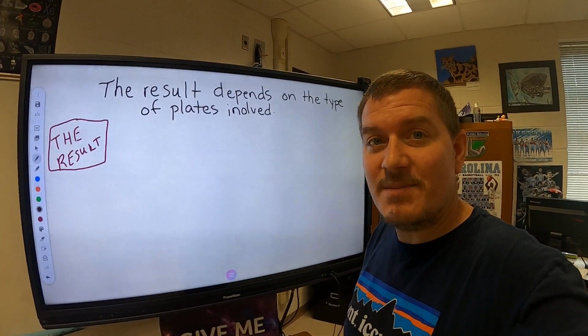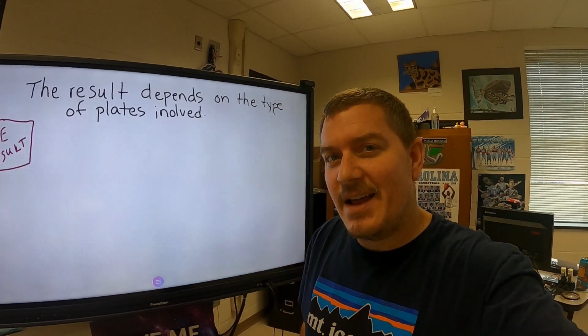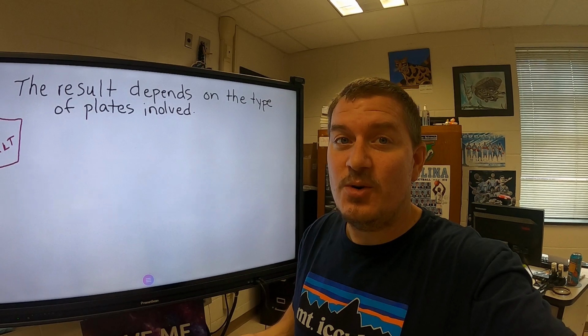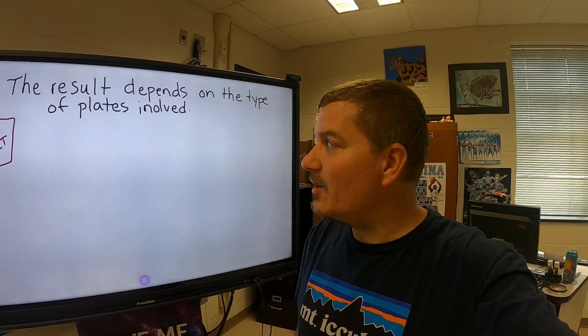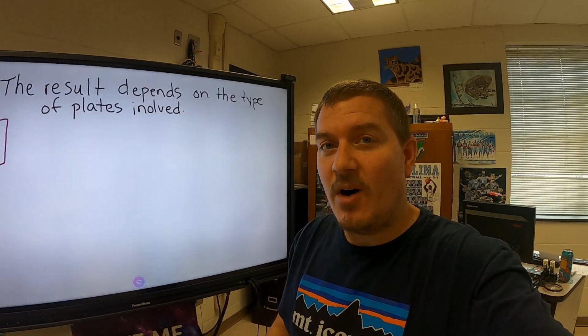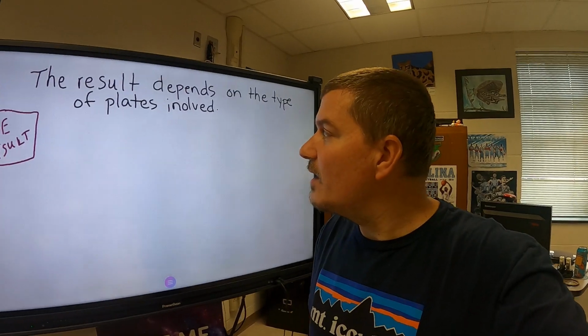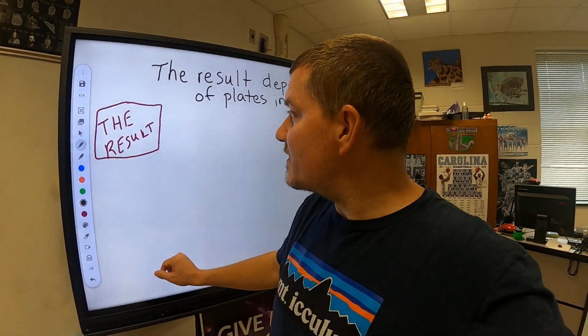So we have two main types of plates: continental plates that are holding up continents and oceanic plates that are holding up oceans. So essentially we can look at different areas of divergent plate boundaries as things that happen on land versus things that happen in the oceans. And that's what I'm going to set this up as.